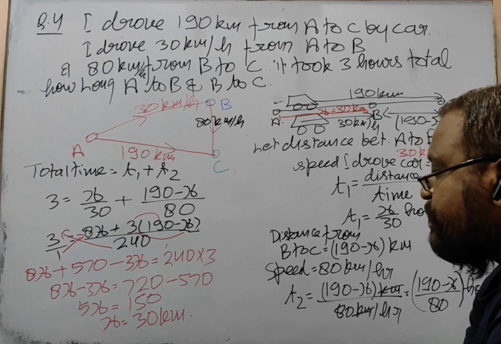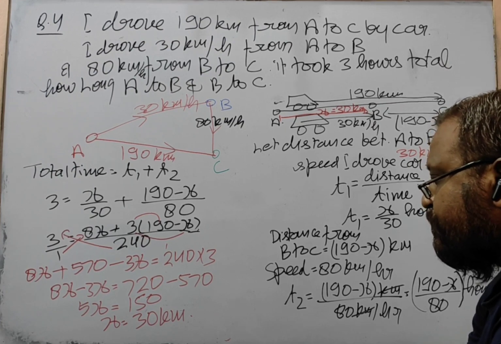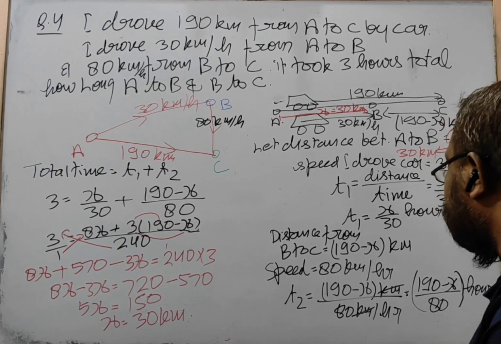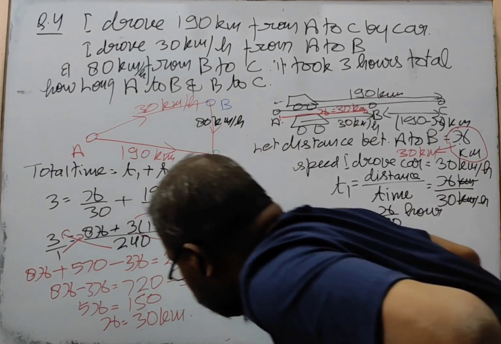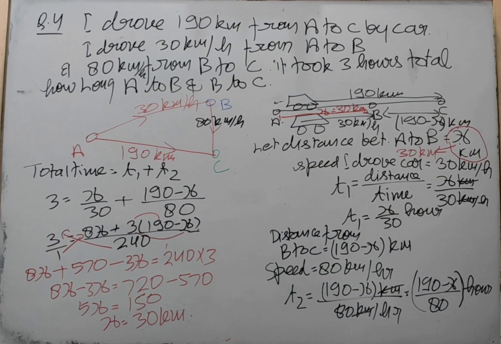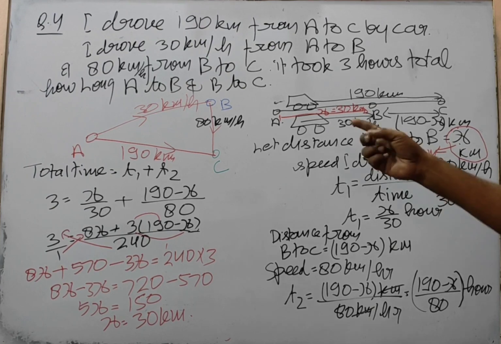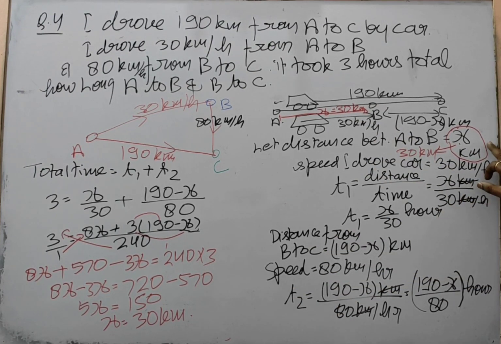Now you get x is equal to 30 kilometers. Great. Now, what is the distance between B to C? A to B, we get a distance of 30 kilometers.